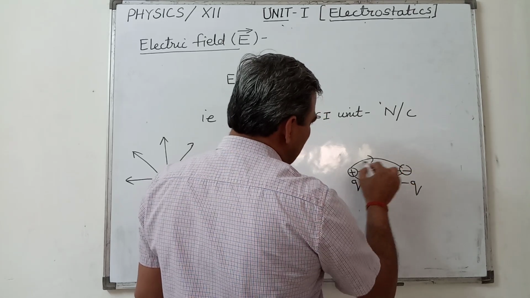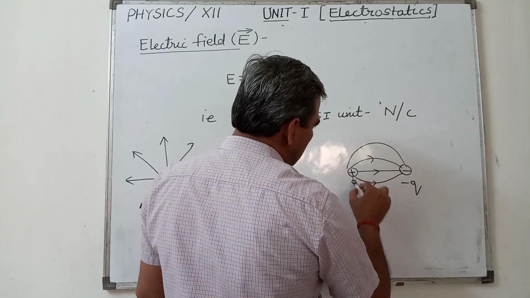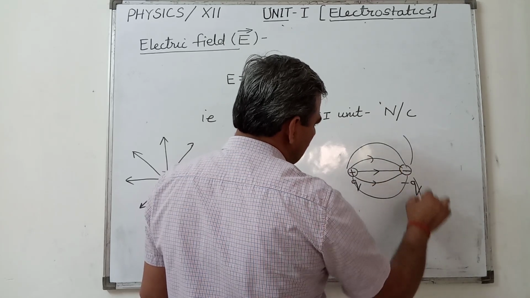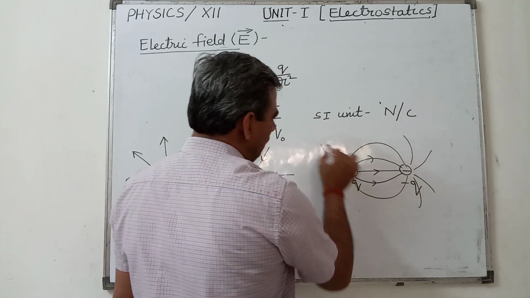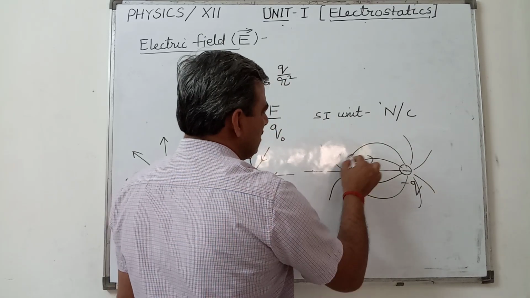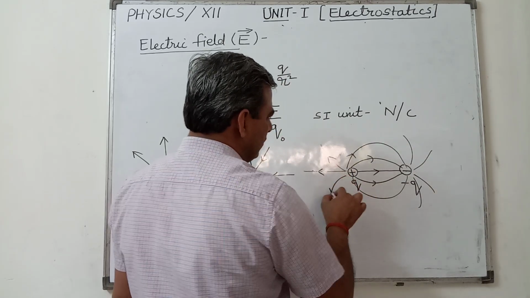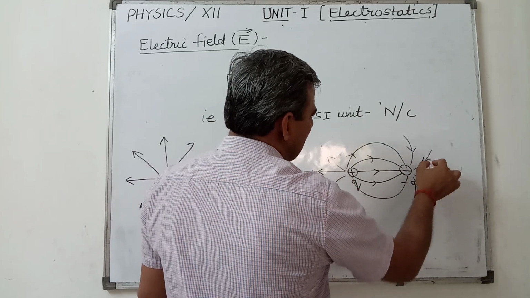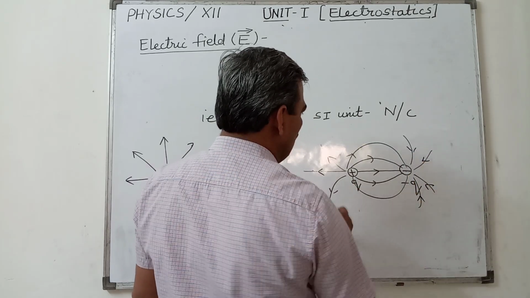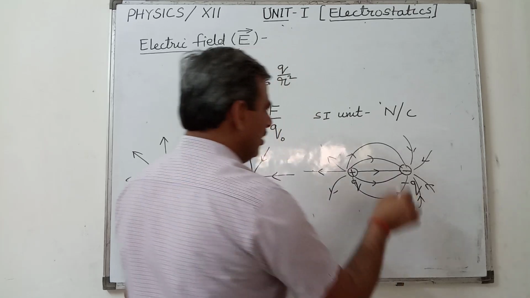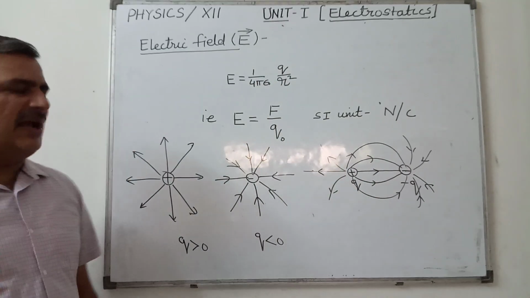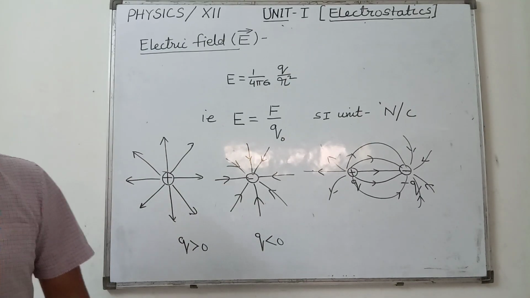So you have a field like this. This is the representation of the electric field lines around a charge combination.